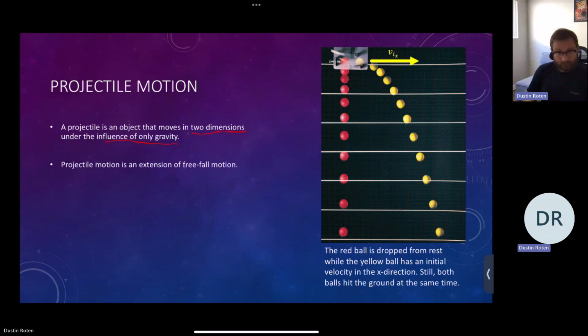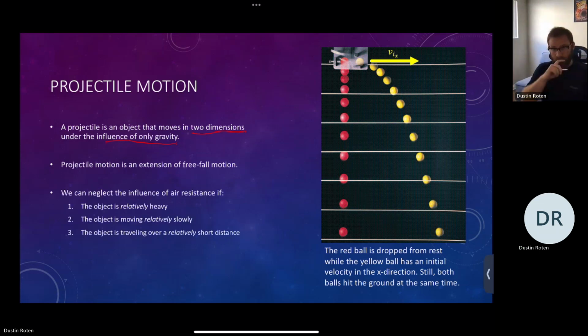Now, for this, there's a few things we need to keep in mind. We're going to neglect air resistance for now, because air resistance in 2 dimensions just sometimes gets a little weird. We can do this if the object is relatively heavy, if the object is moving relatively slowly, so not like a big airplane moving at 500 miles per hour.